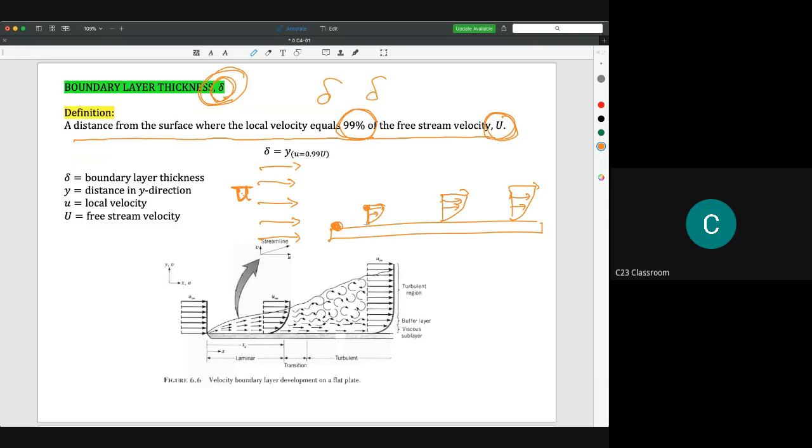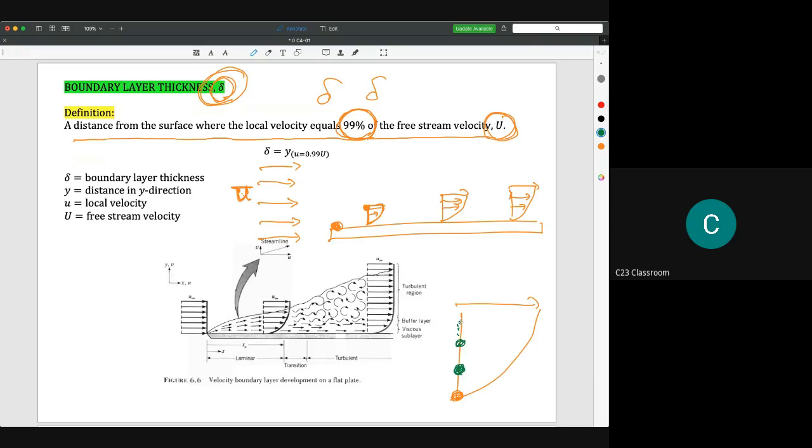In this velocity distribution, we choose the location of small u which is 99% of the free stream velocity. You could imagine that in this velocity distribution, this is 0, this might be 10% of the free stream velocity, 20%, and so on and so forth.